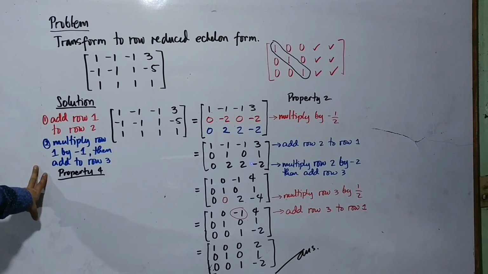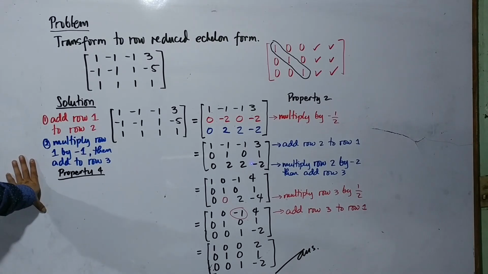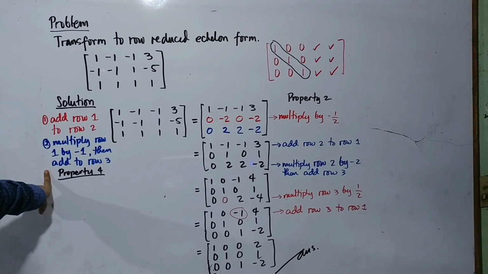Multiply row 1 by negative 1, then add to row 3.